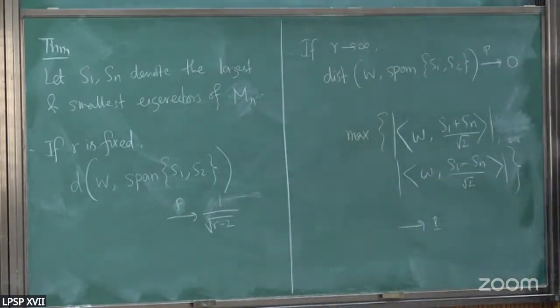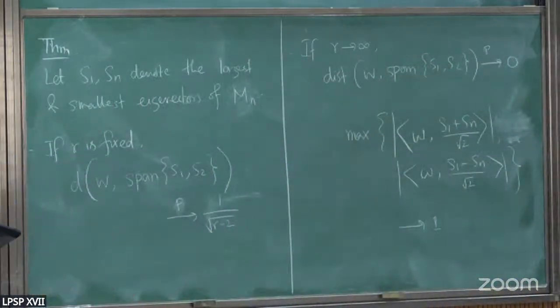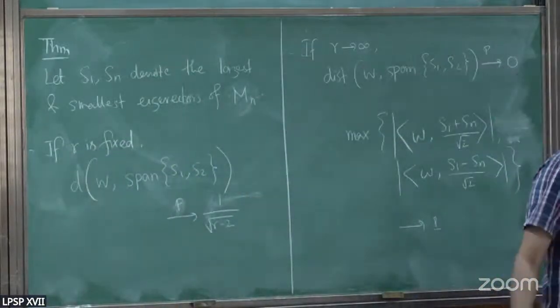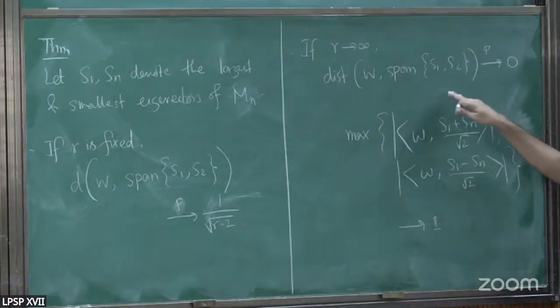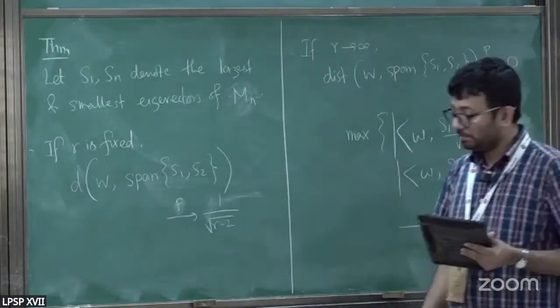So one of those vectors will be perfectly aligned with this W. You can do a histogram, but it's really one of those vectors. You cannot tell which one of them. A certain fraction of the time it will get aligned with this, and a certain fraction of the time it will get aligned with this. Okay.